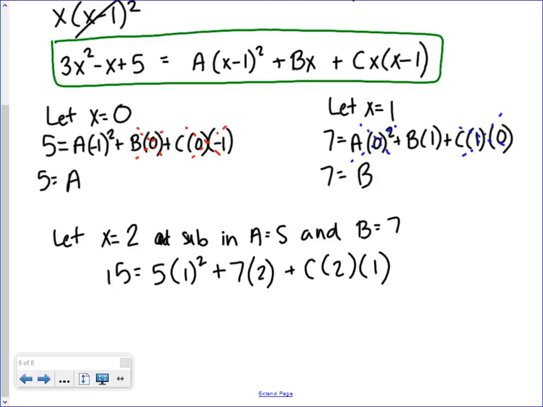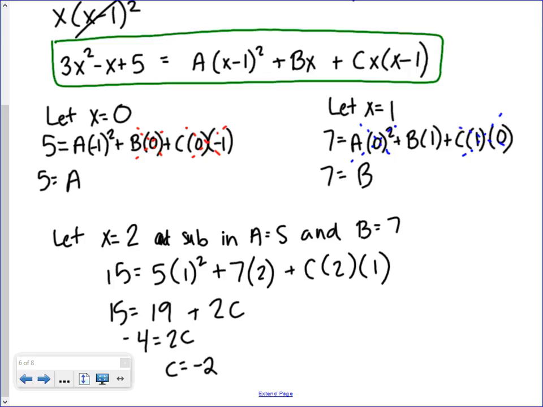So I'm just plugging 2 in for the x's and kind of simplifying those factors as I go. And that leaves me with 15 equals, this is 5 plus 14, so 19, and then plus 2c. Are we okay with my algebra? You might do it in like a different order, or you might simplify faster or slower than me, but we should come up with the same equation. And then when you solve this, you get negative 4 equals 2c, so c is equal to negative 2.